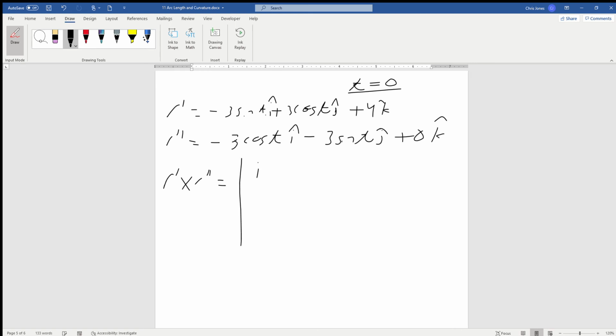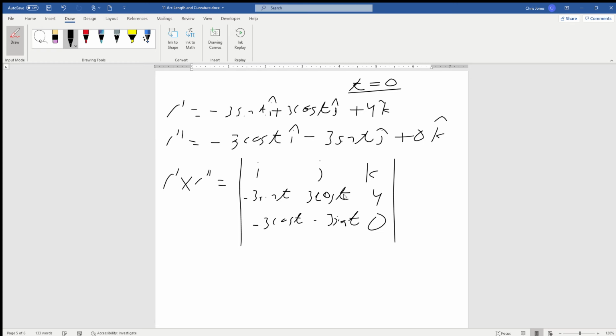And that's going to be i, j, k; we have our minus 3 sin t, we have our 3 cos t, and then we have our 4. And then we have negative 3 cos t, negative 3 sin t, and 0.